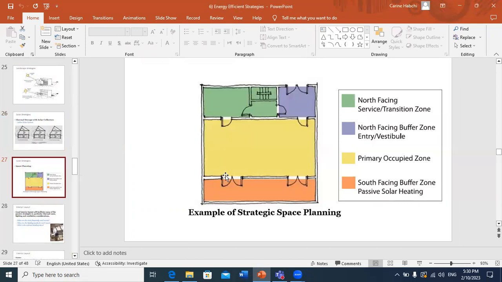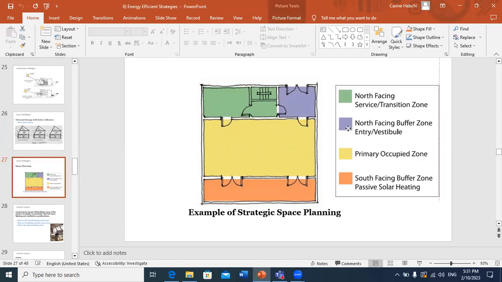Okay. So this is a small example of strategic space planning whenever we want to design a passive building. So let's say in the north facing, we can put the surface or the transition zone, because we will not occupy it a lot, and we don't have a lot of sun during the day.